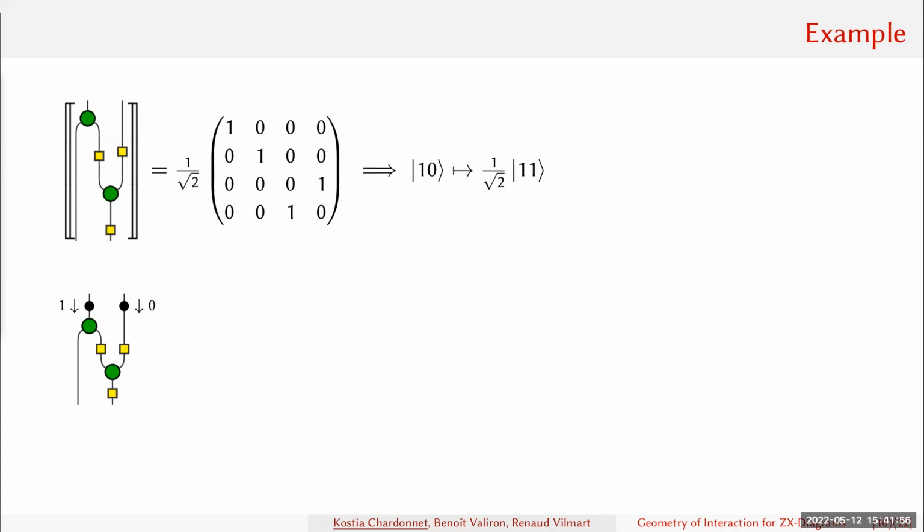I guess I have another, probably quite naive question, because again, I don't know very much about the background of this stuff in proof nets and linear logic. There are obviously other ways we also have of translating a ZX diagram into its interpretation.